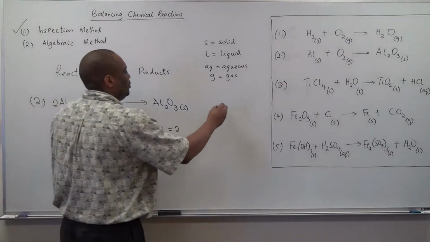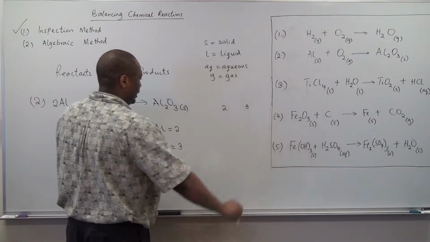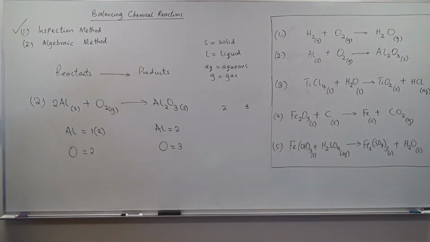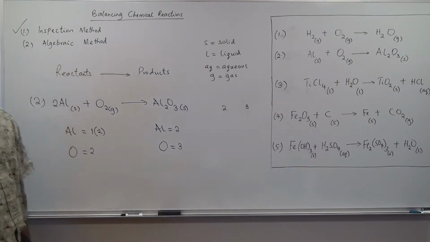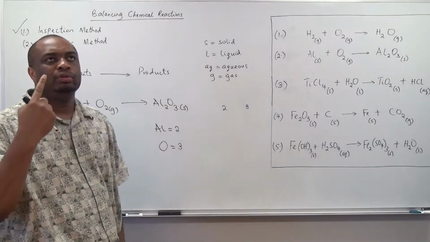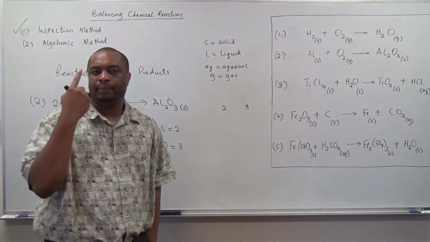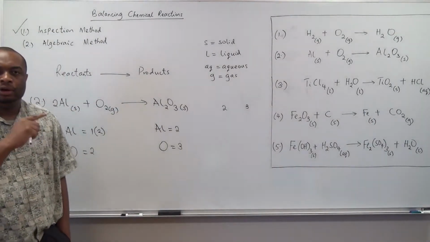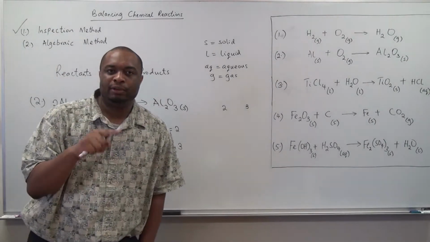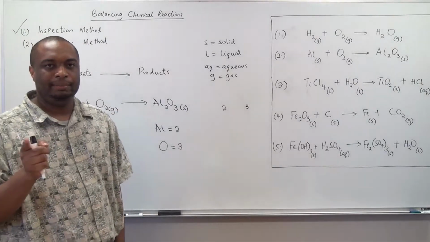Oxygen is 2 and 3. How do you balance this when you have 2 and 3? In this case, we are going to go back to our video on solving systems of equations by elimination method.